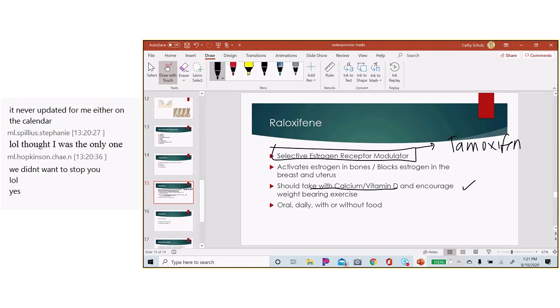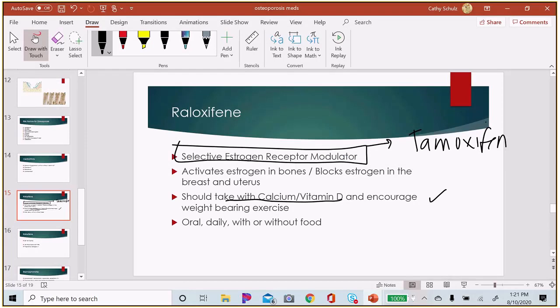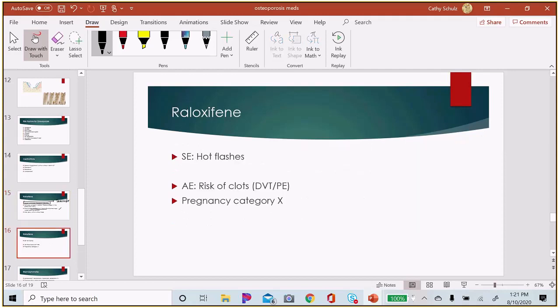It increases the risk of endometrial bleeding and endometrial cancer, which I think might have been a question on the ATI as well, I'm not sure. But raloxifene blocks estrogen in the uterus, so we don't have to worry about the increased risk of endometrial cancer. We do, however, have to worry about a possible increased risk of clots, and that's the main issue. They will probably have hot flashes. That also happens with tamoxifen.